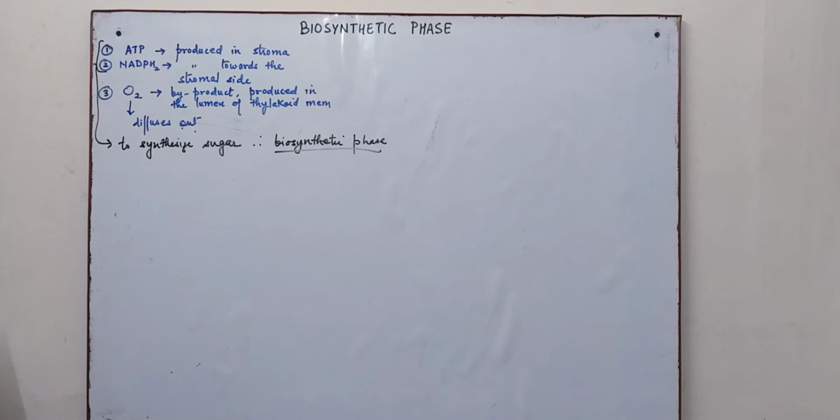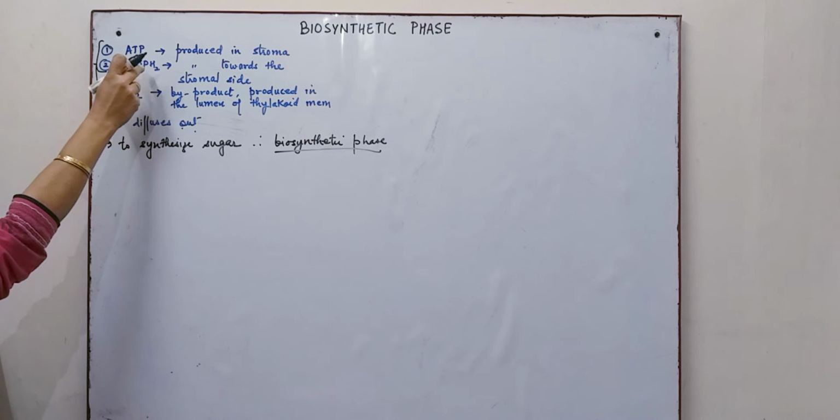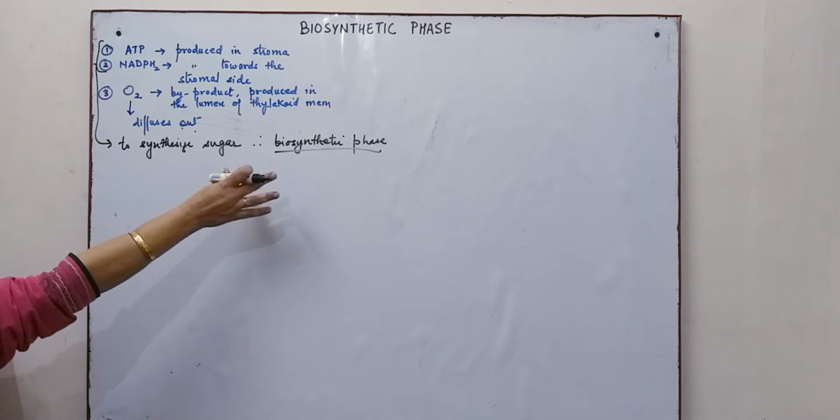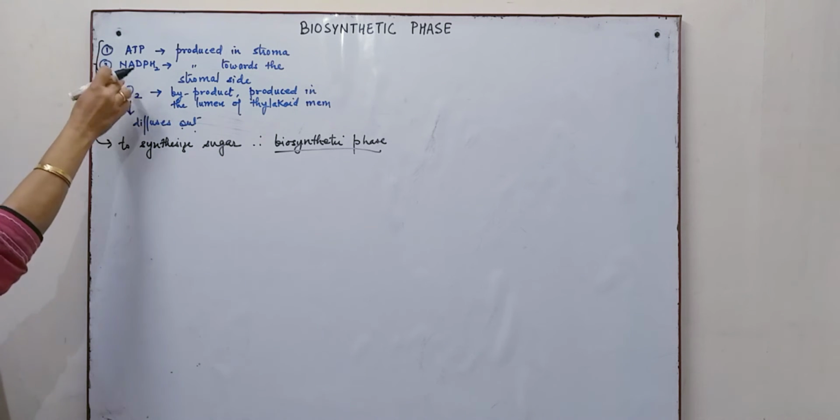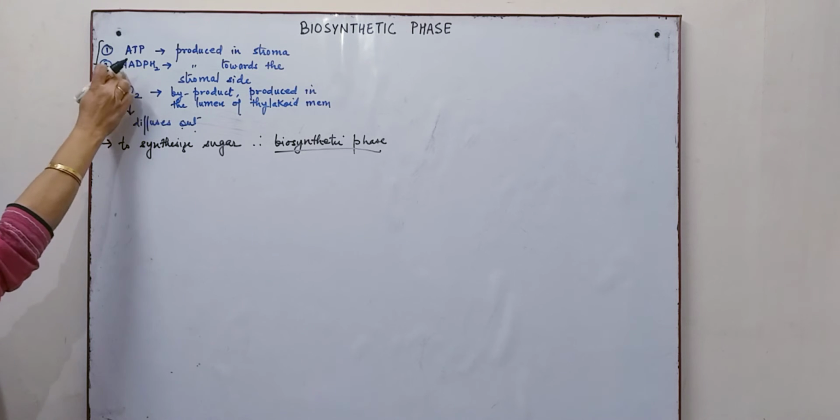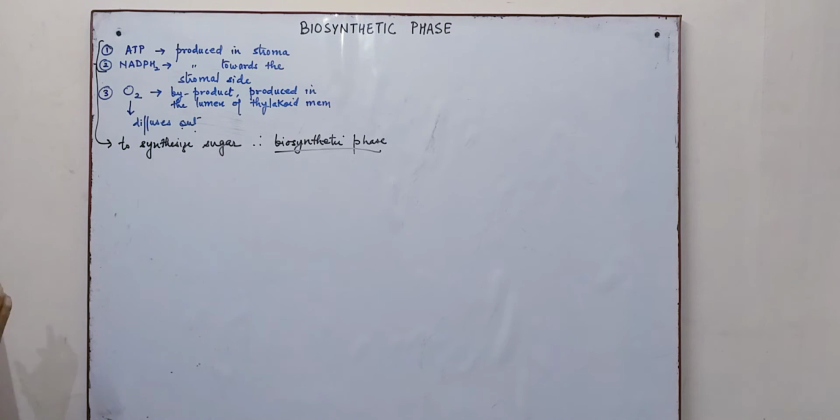Now, this process, the formation of sugar, does not directly depend upon the presence of light, but it depends upon the products of the light reaction. These two are the products of the light reaction. So the biosynthetic phase is not directly dependent on light, but it depends upon the products obtained during the light reaction.